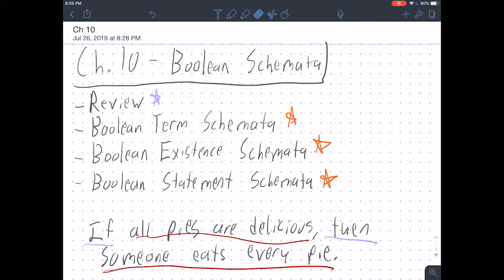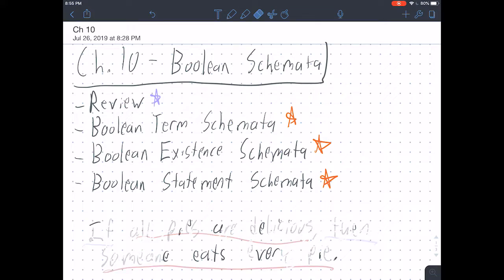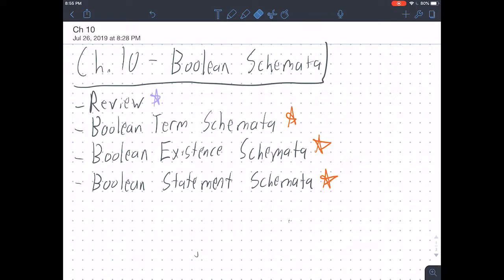The only thing you have to do in this module is learn to recognize the difference between three different types of Boolean schemata: Boolean term schemata, Boolean existence schemata, and Boolean statement schemata. If you can do that, then the validity tests for Boolean schemata in the next chapter will be incredibly easy.